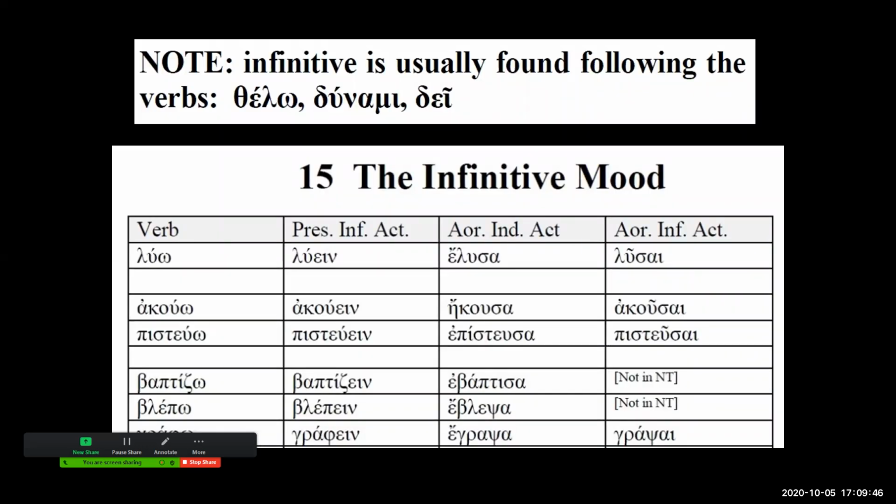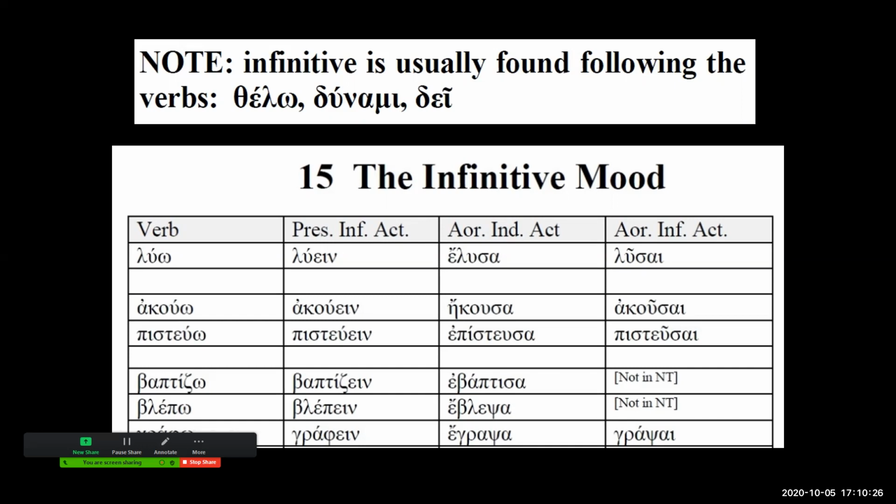Now we need to know that the infinitive is usually found with some particular verbs. And one of them is introduced for you if you look over, and we've already mentioned it in chapter 15, section 2, dunamai. I am able. And dunamai is a very important verb in the New Testament, especially the third person singular, dunatai. If you look down, this verb is conjugated a little differently.